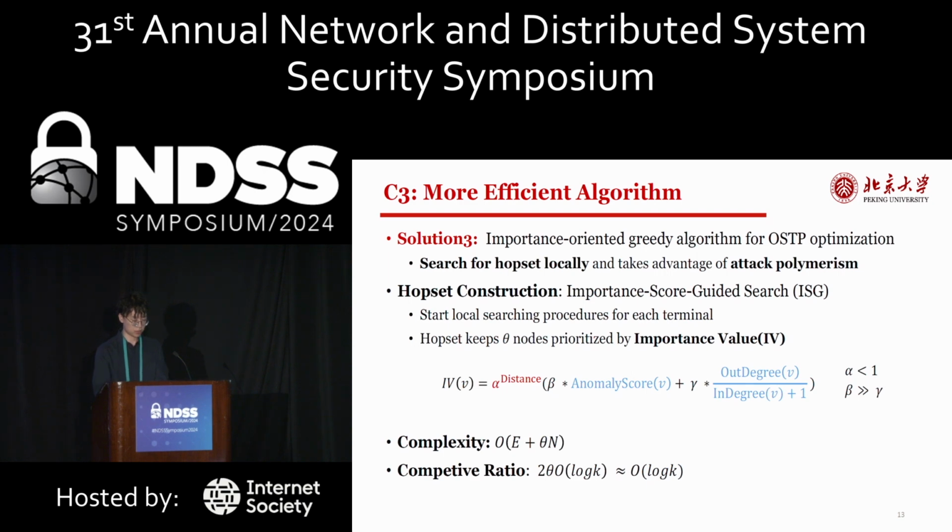It starts a local searching procedure for each terminal with bounded theta nodes, and we call them hopesets. Each searching procedure is guided by an importance value, which considers both the anomaly and the distance. The anomaly score is the main factor, while the degree is the supplementary factor.